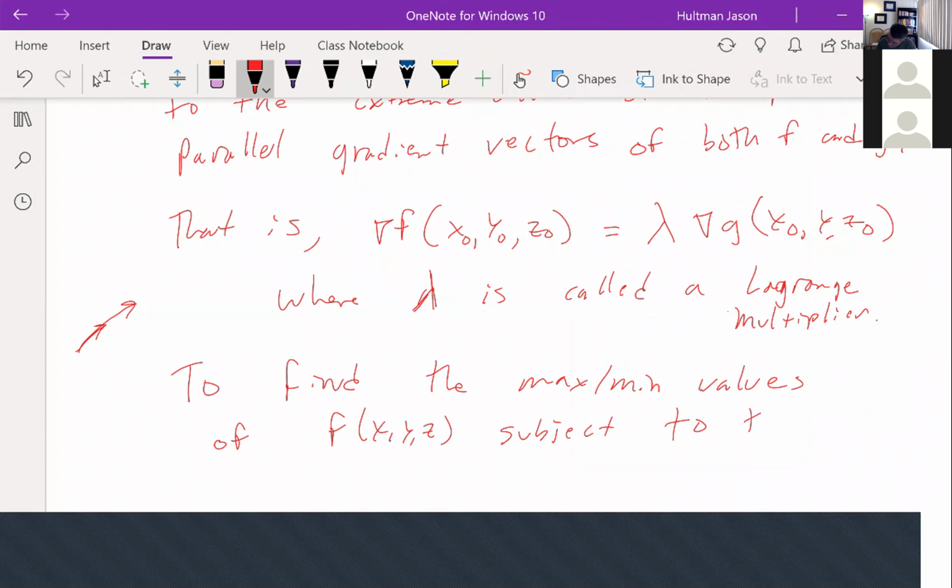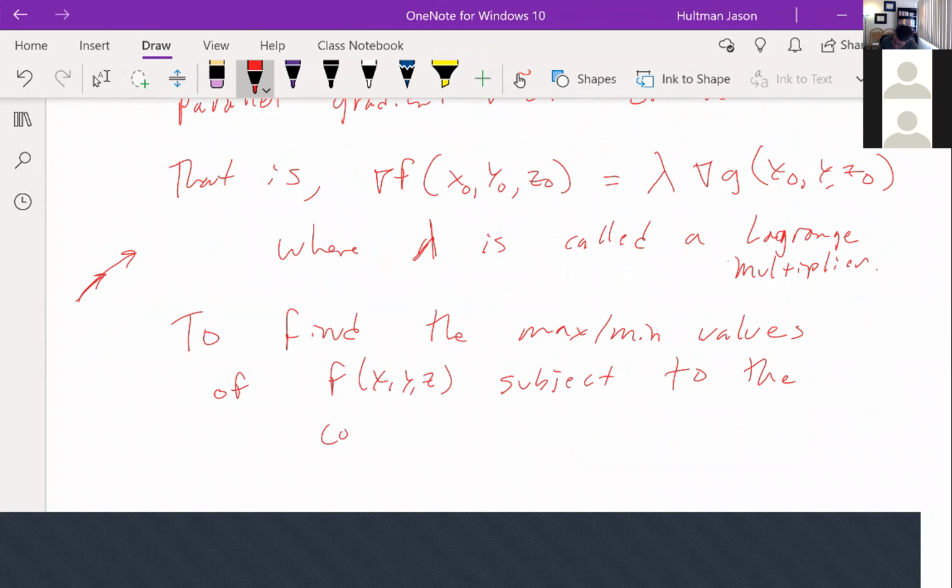Now you got to know what's the constraint and what's the function on this. Subject to the constraint g of x, y, z equals k.